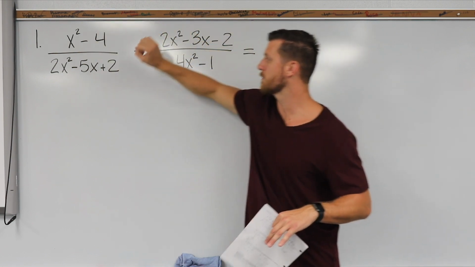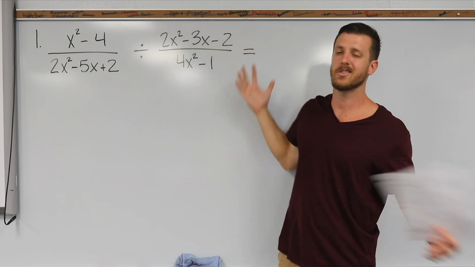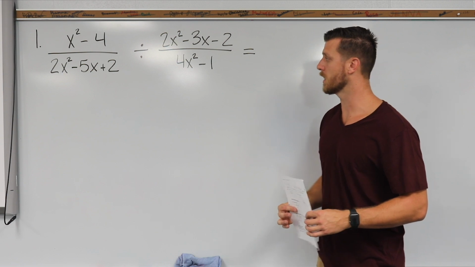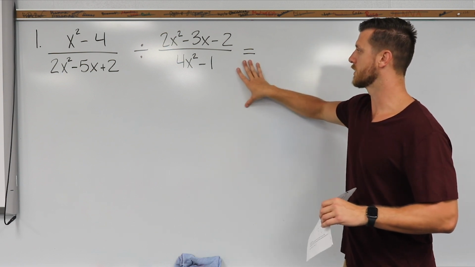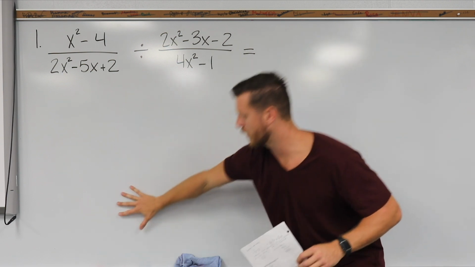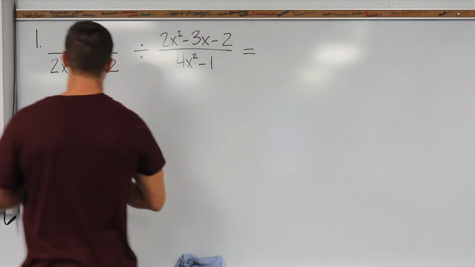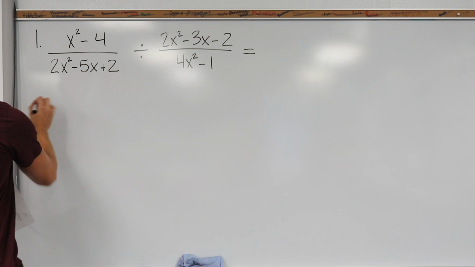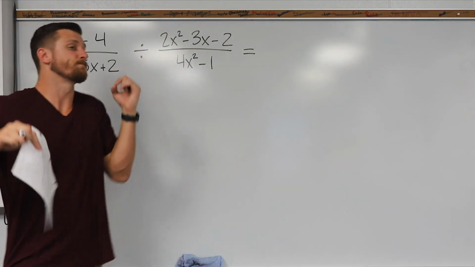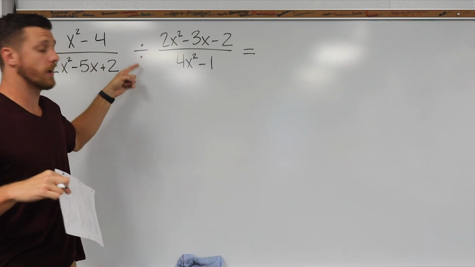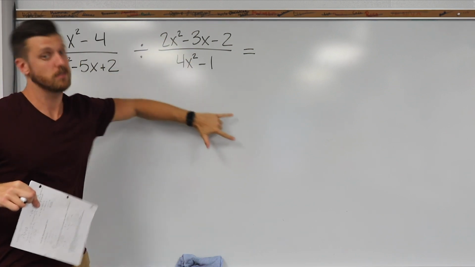So this stays the same, this changes to multiplication, this guy just flips. Right? I'm going to talk about that as we go on. I don't have the equal sign here, but just to make things easy, I like it systematic. I'm going to go down here, and then I'll come back up here if I have to. I'm just going to factor all these. But once I start factoring this, I'm going to remember, hey, this becomes multiplication, and this is going to flip.